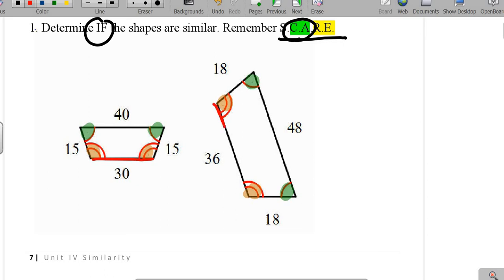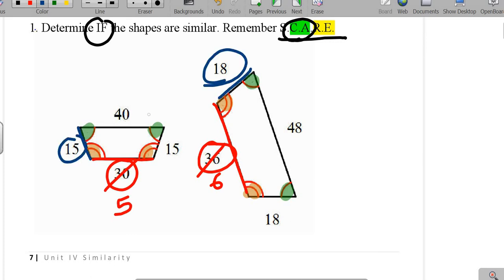Short to short. 6 goes in there 5 times, 6 goes in there 6 times. Let's try this. Edge to edge. 3 goes in there 5 times, 3 goes in there 6 times.